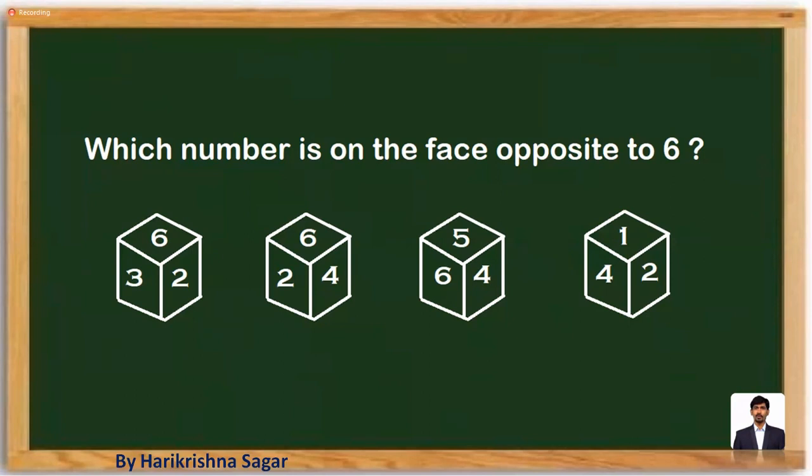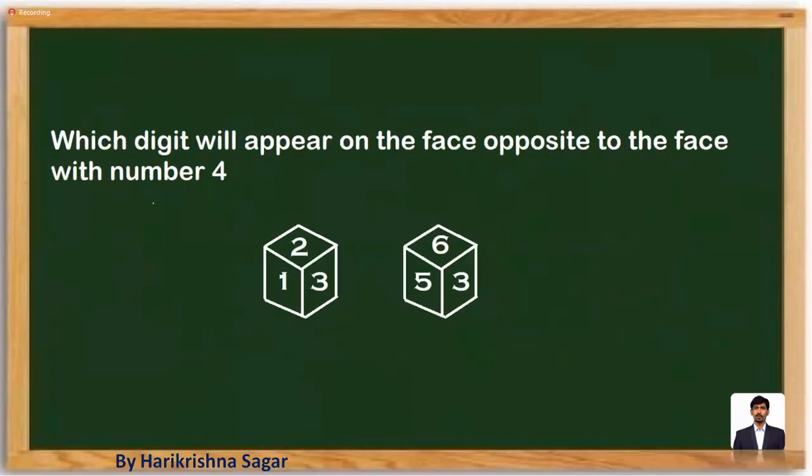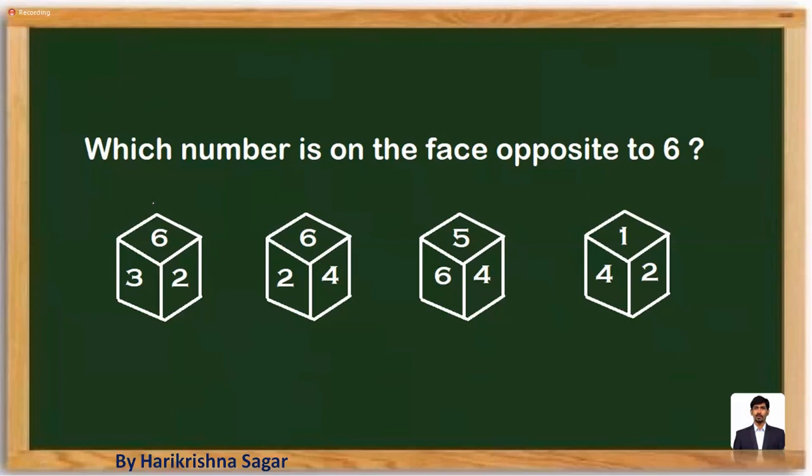If you observe the diagram which is given, you are able to see number 6, and they are expecting us to find out the face opposite to number 6. This 6 is available here. So opposite to number 6 means the face which is at the bottom, that is what they are asking.